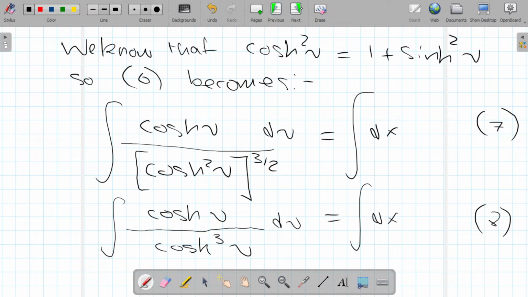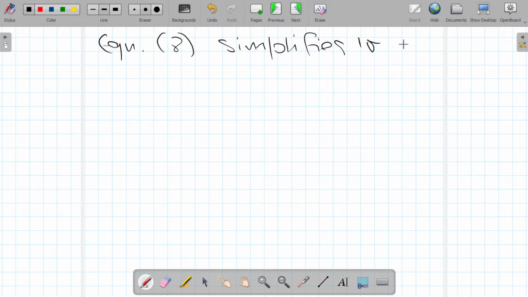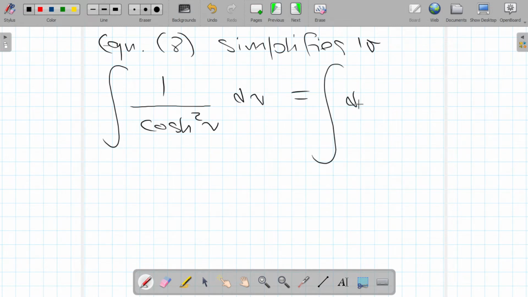So equation 8 therefore simplifies to the integral of 1 over cosh squared v, with the dv on the top, and that's equal to dx.